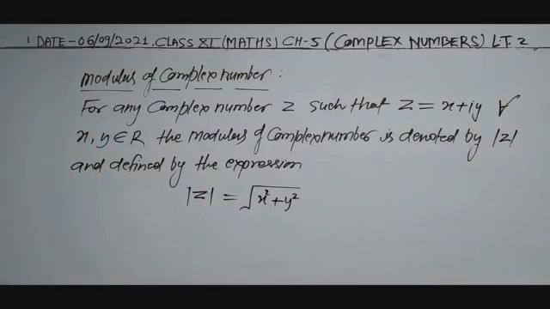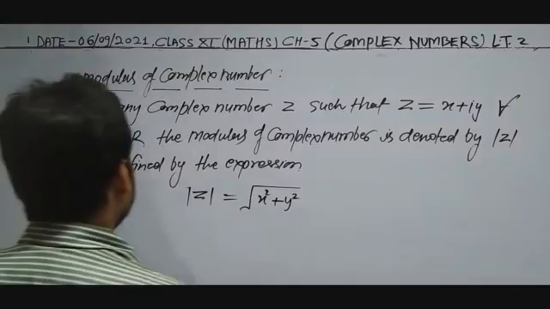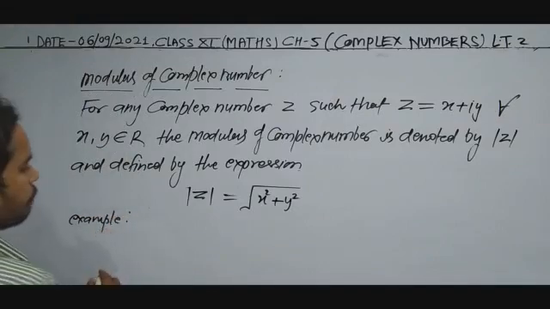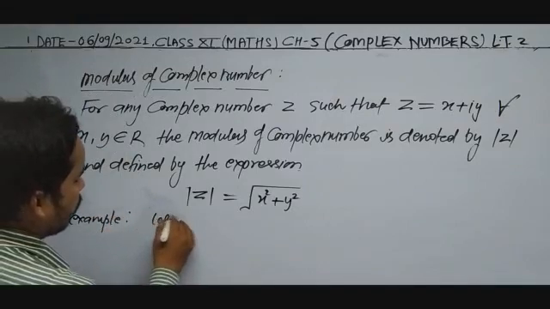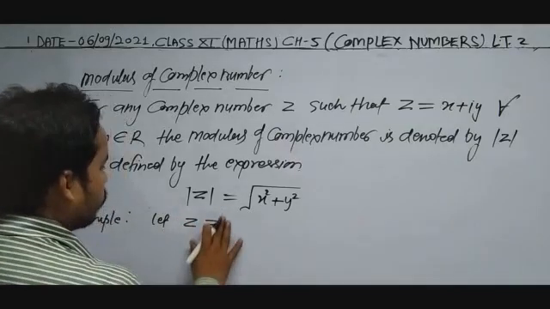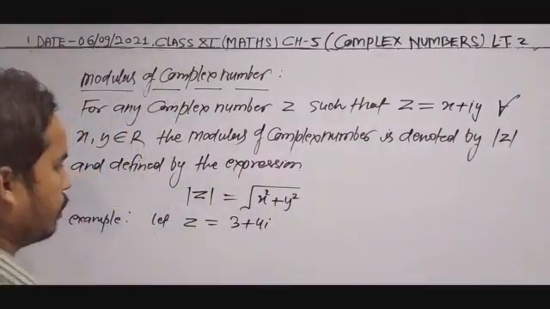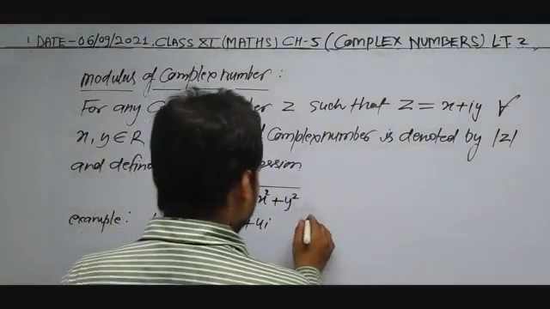See, suppose I have taken an example. Let z is equal to 3 plus 4i. This is in complex form.